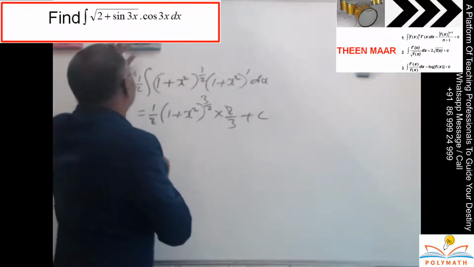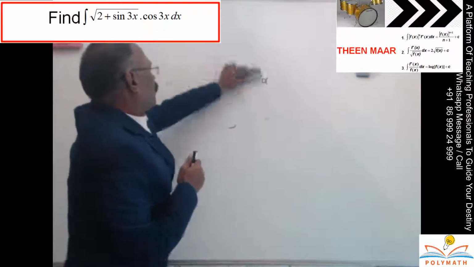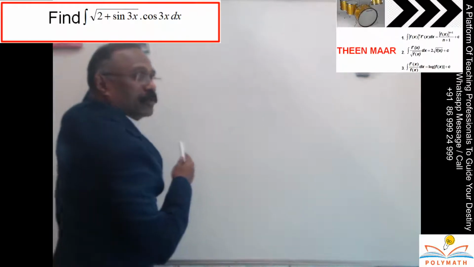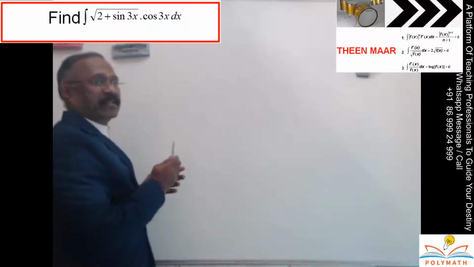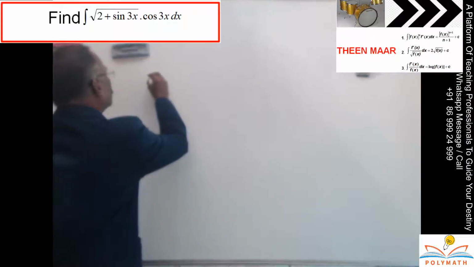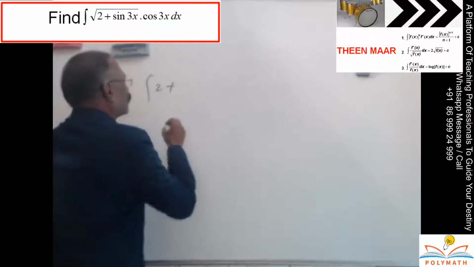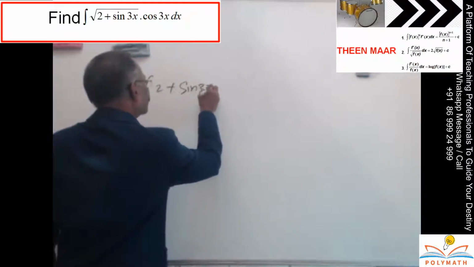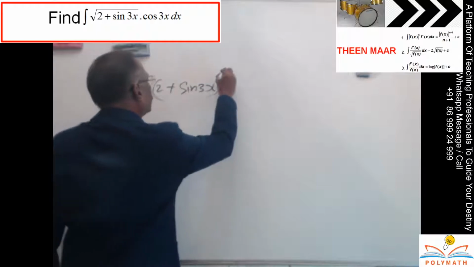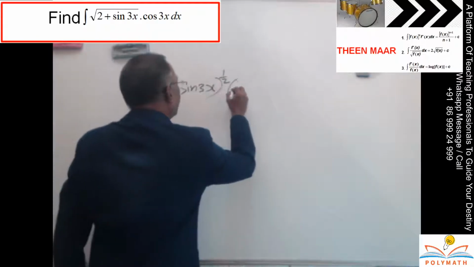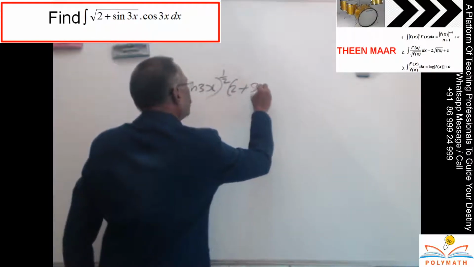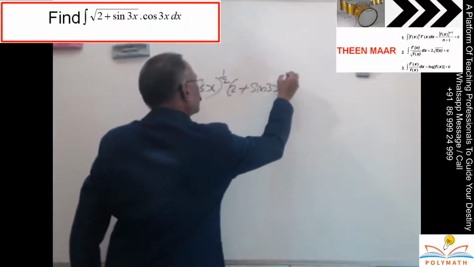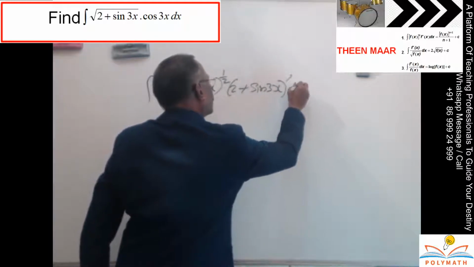Integral of root over 2 plus sine 3x into cos x. Root over 2 plus sine 3x can be written as (2 plus sine 3x) whole power 1 by 2 into (2 plus sine 3x) dash. How do you get the idea?